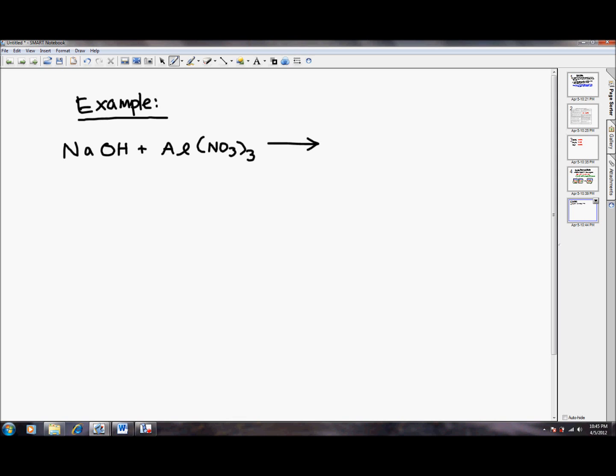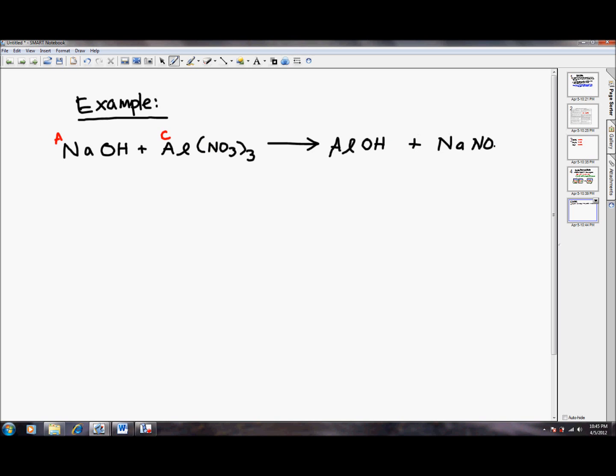You're going to see a compound mixed with another compound. Now you kind of have to ask yourself, okay, this one's A, remember, so A is the sodium. This is A, B, C, D. Remember this C. A and C are going to switch places. So on the right side of the arrow, I'm going to have aluminum and OH. Okay, and I'm going to have sodium and NO3.